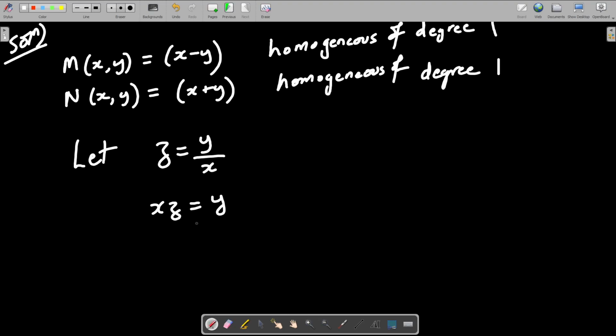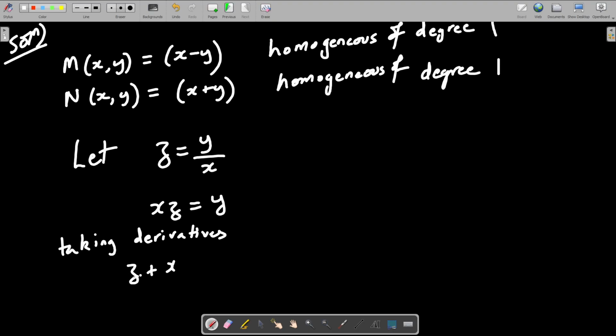Now apply the derivative on both sides. So what you'll get? You'll get z plus x times, when you take the derivative, a product rule is involved here, x and z. z is a function of x indirectly.